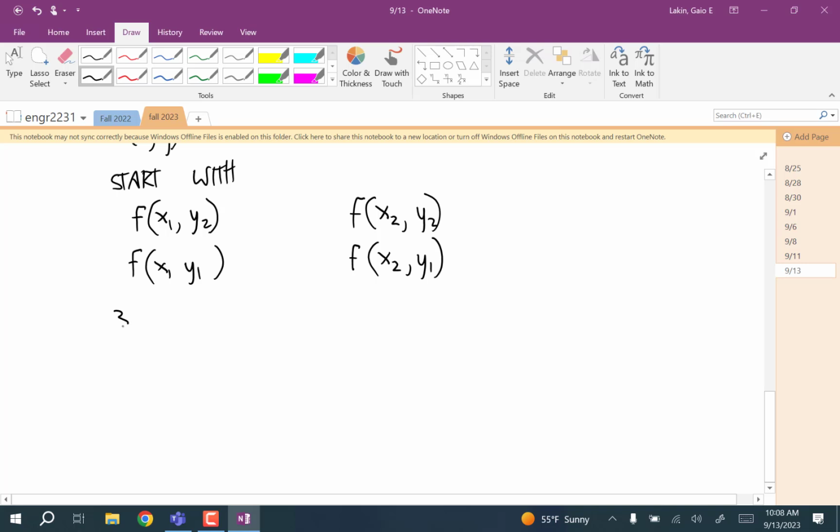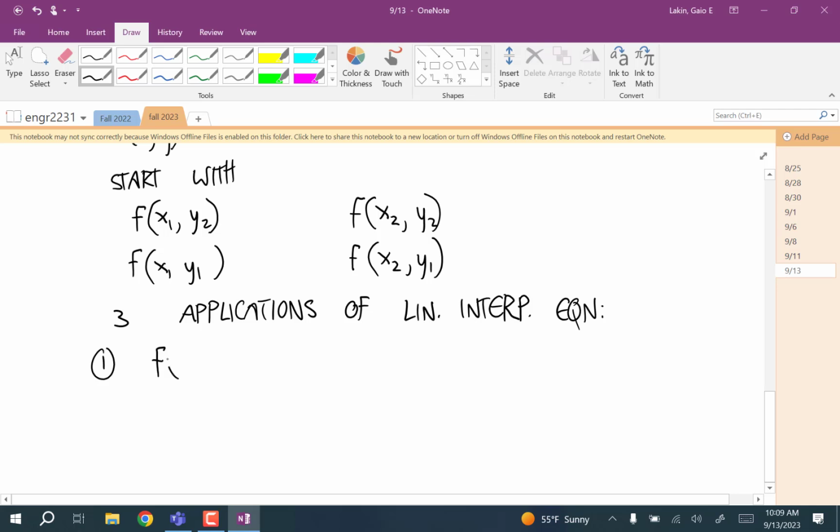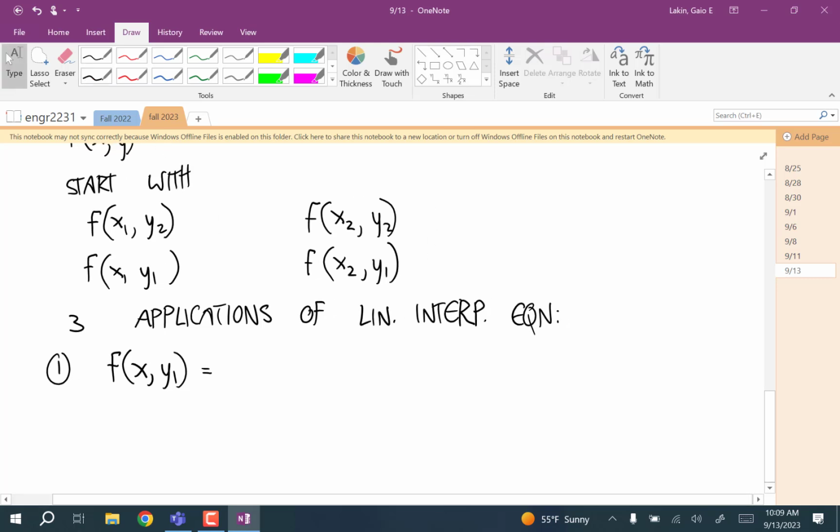And now you're going to do 3 applications of that linear interpolation equation. So the first one, we're going to calculate f of x, y1. This is an approximation, but we're going to imagine that y1 is fixed.